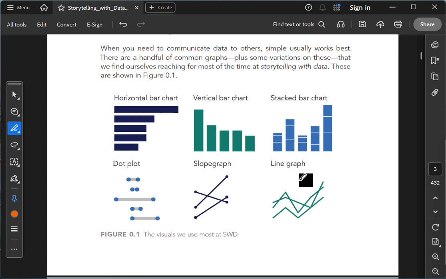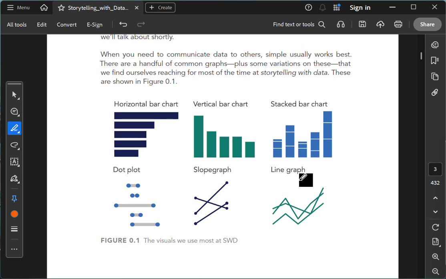The book is teaching that you can lean into more creativity when selecting a graph. And rather than thinking, how can I pack all my data into the best graph to show it, you think about what is going to be the most impactful way to communicate this data to my audience. That question will help you determine what kind of graph to use. So there are various options.